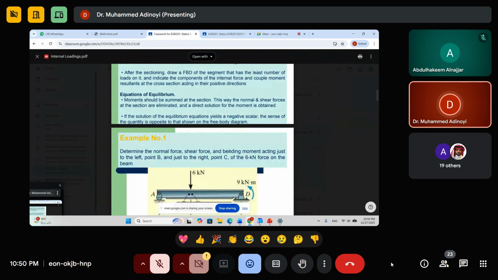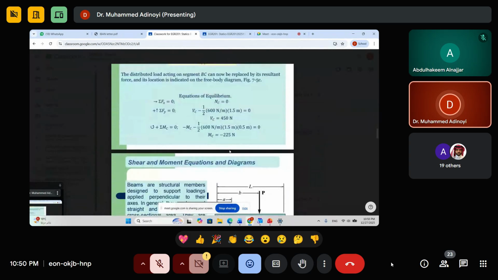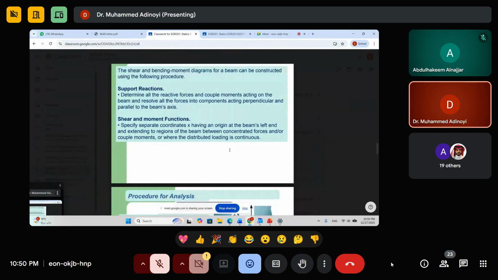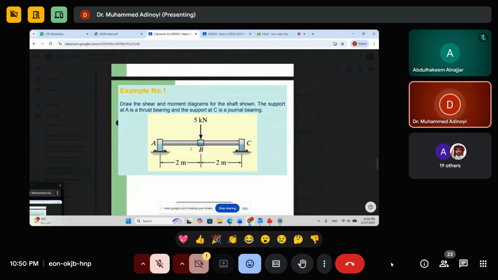Yeah, look at here. Bending moment and shear force diagram. You see, look at here.